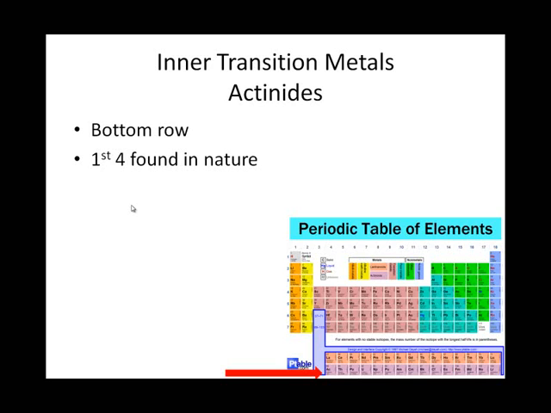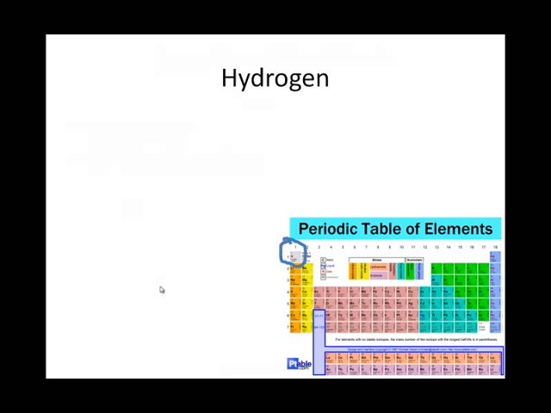The first 4 of them are found in nature, all the way up to uranium. And the others are all synthetic, so they are not found in nature, they are all man-made. And almost all of them are radioactive. And some of them have very short half-lives, which means that they are only viable for seconds.